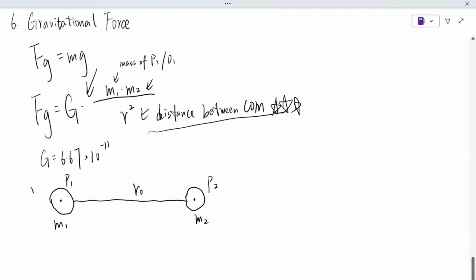Planet 1 has a radius of r1, planet 2 has a radius of r2. Asking you, what are the gravitational force on each planet, or the gravitational force that each planet acts on each other?